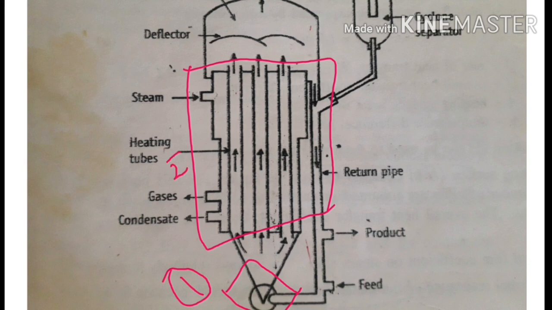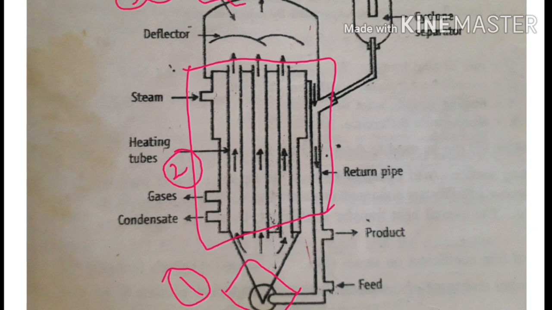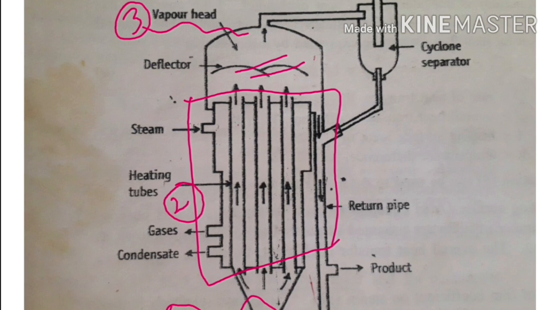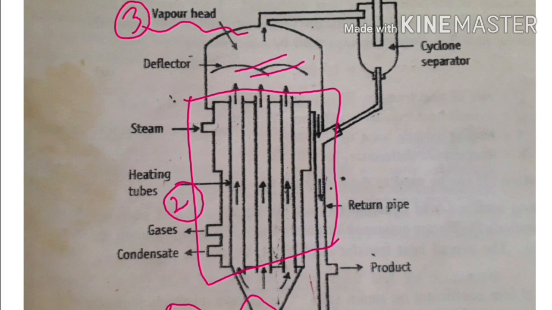In a forced circulation evaporator, there will be a steam compartment and a vapor head. This vapor head is also known as flash chamber. Inside the flash chamber, there will be a deflector. This deflector is used to break the foam, and it is also used to separate the vapor and liquid.